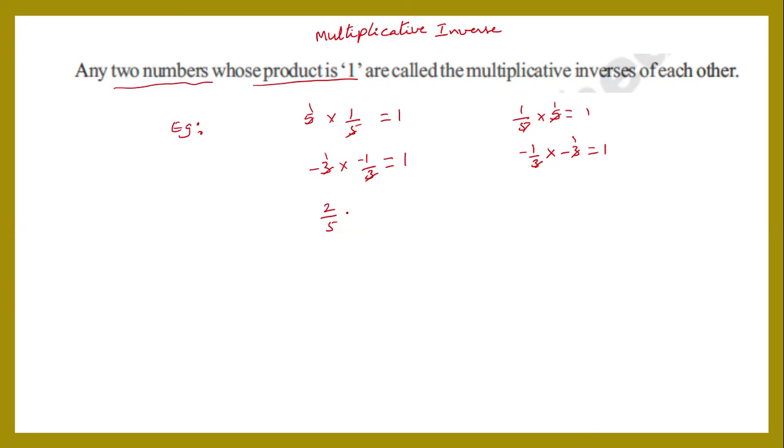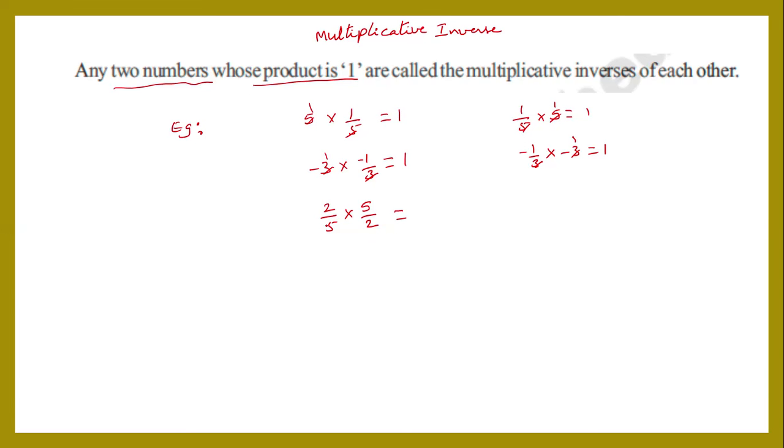You take one more example. 2 by 5 into 5 by 2. The reciprocal of 2 by 5. Here 5 into 1 by 5, that means 1 by 5 is the reciprocal of 5. Minus 3 into minus 1 by 3, here also minus 1 by 3 is the reciprocal of minus 3. Here 2 by 5 into 5 by 2, 5 by 2 is the reciprocal of 2 by 5.